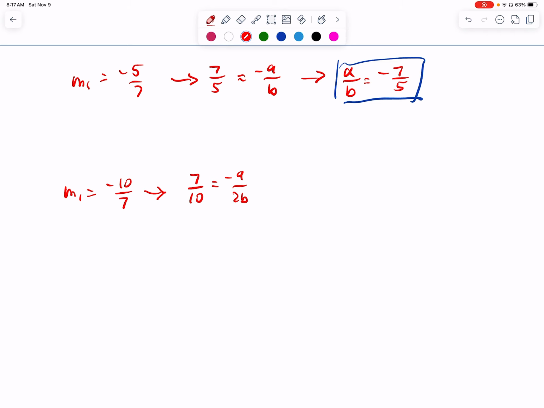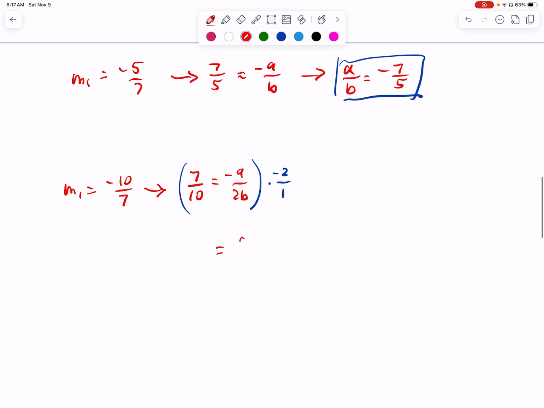I'm going to do both of those things at the same time if I just multiply both sides by a negative 2 over 1, basically. So whenever I multiply this right side of the equation by negative 2 over 1, these negatives will cancel, and then this 2 will cancel out with this 2 that's on the bottom, and it'll give me my A over B that I was looking for.